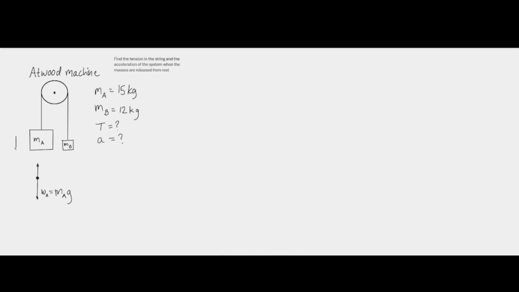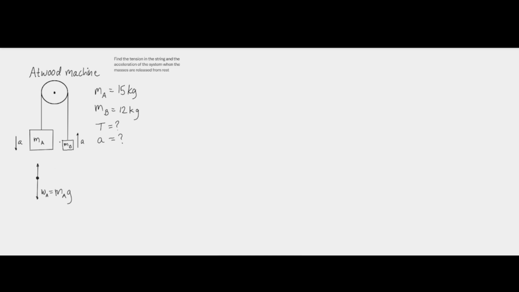And if mass A accelerates downwards, they're connected by this pulley, so then mass B must accelerate upwards. And because it's a system, because they're coupled, we know that these accelerations, even though they're pointing in different directions, are going to be the same magnitude. So we're going to have the same magnitude of acceleration in this system.